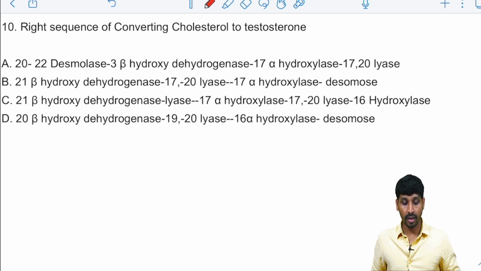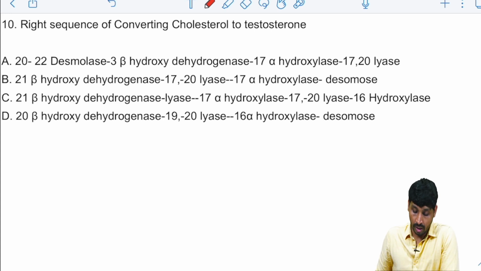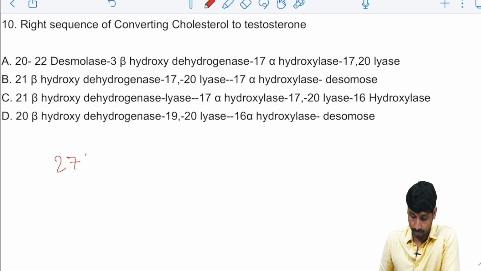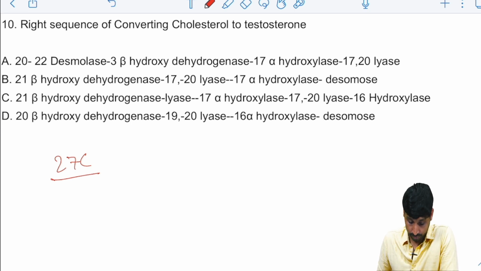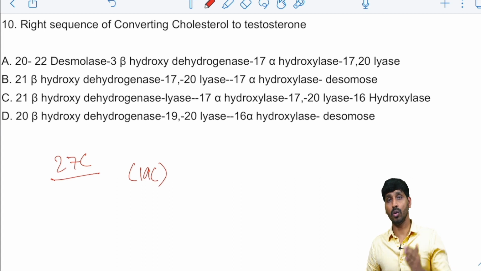Another thing, the morning session question: the right sequence of converting cholesterol to testosterone. We are all aware cholesterol is a 27 carbon compound, and testosterone is a 19 carbon compound. So how to condense 27 carbon cholesterol to 19 carbon?